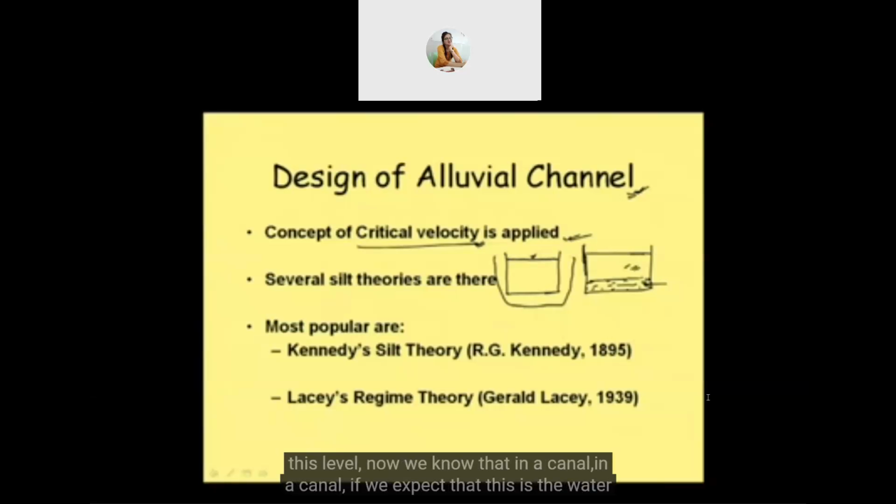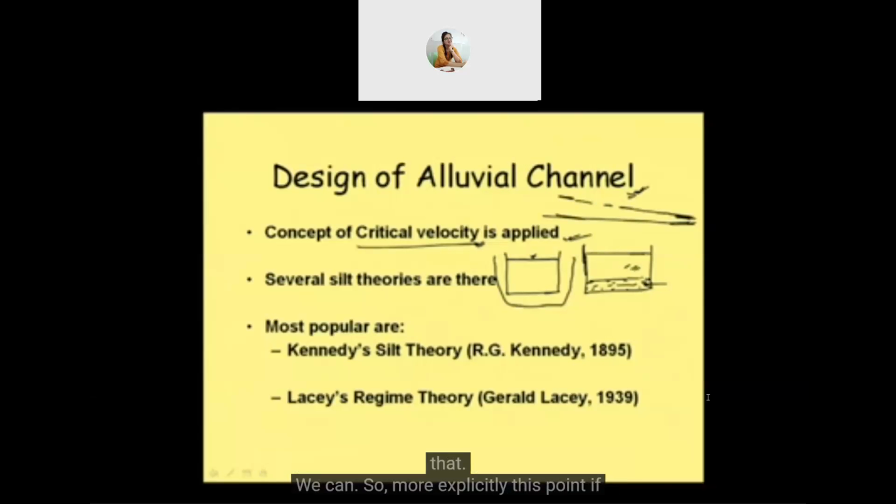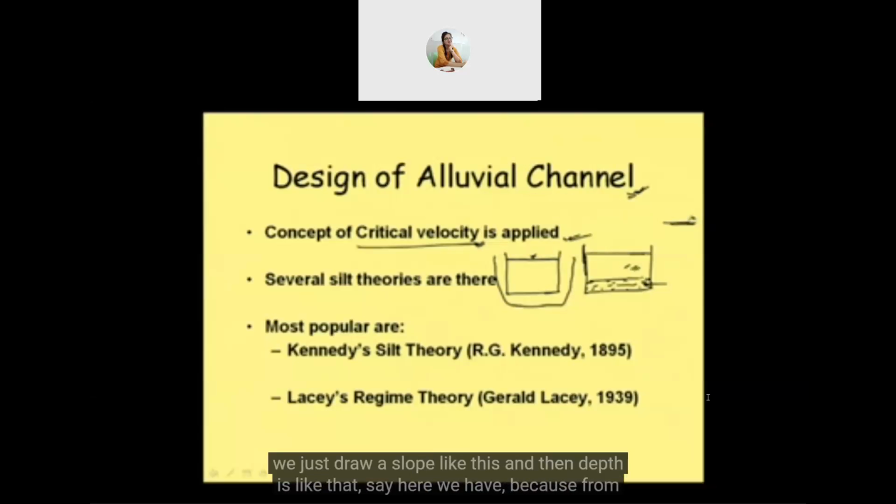Now we know that in a canal, if we expect that this is the water level, then there will be a slope here, and with this water level, it is moving up to a certain distance. Here, depth will gradually come down, and it is moving up to a certain distance, like that. We can show more explicitly this point if we just draw a slope like this.